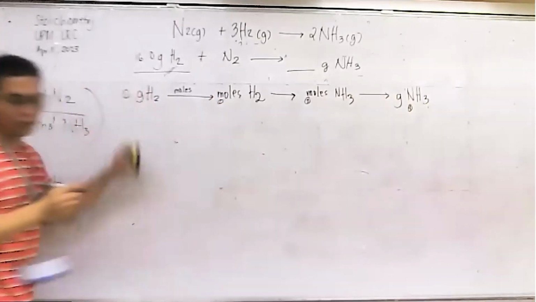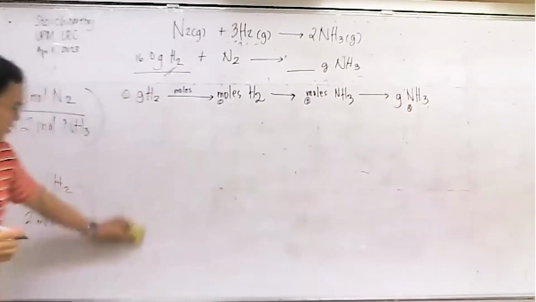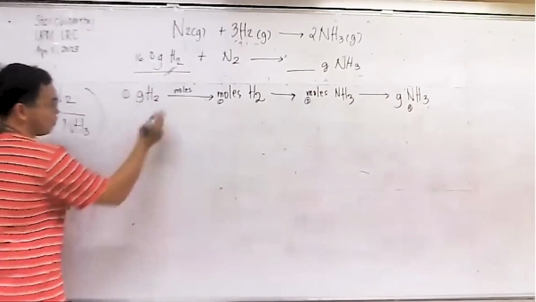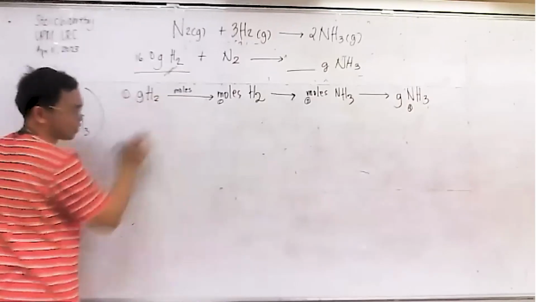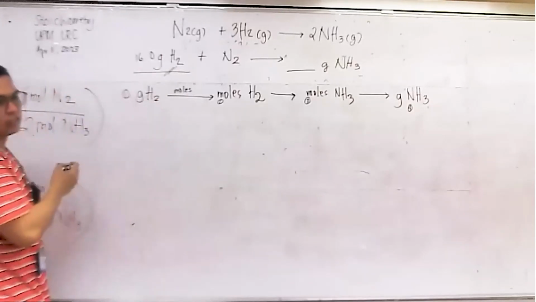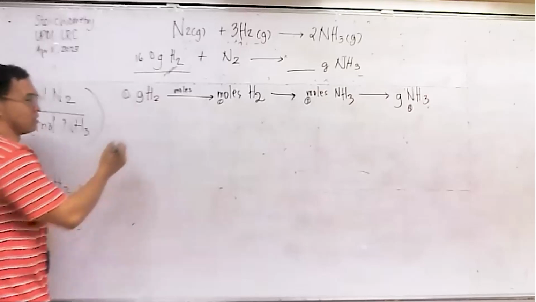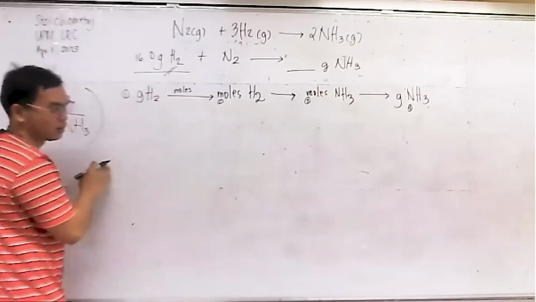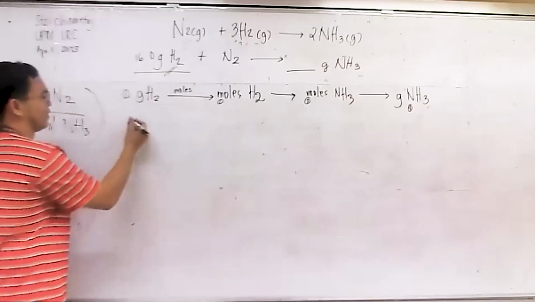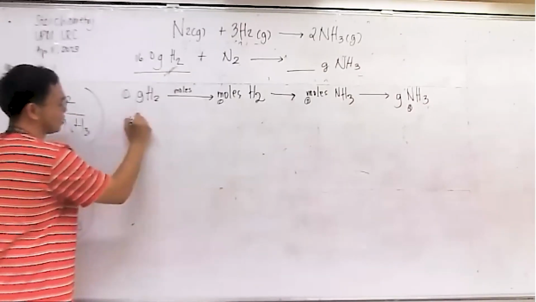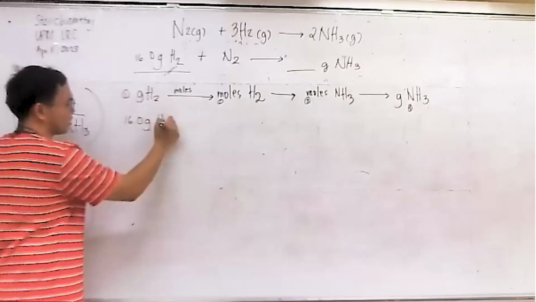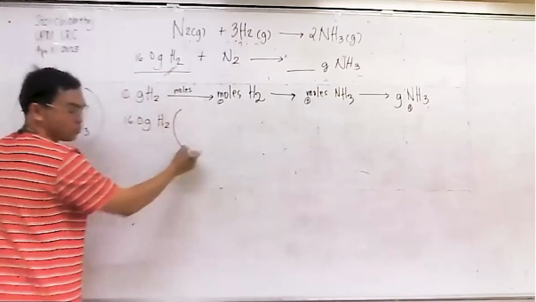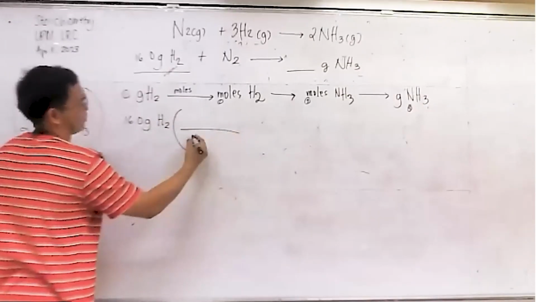Okay, so let's start with 16 grams of hydrogen gas. If you want to convert it from grams to moles, what will we do? You can answer in the chat. We just have to multiply it by the molecular weight. You have 16 grams of hydrogen gas. You just have to multiply it by what?